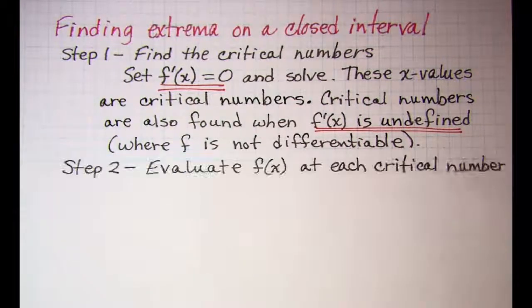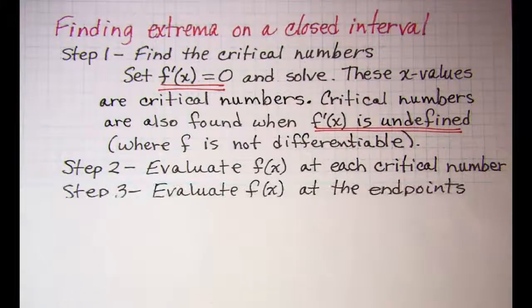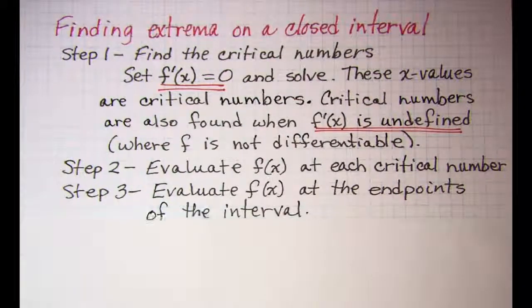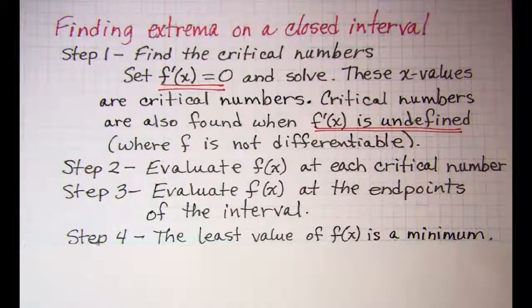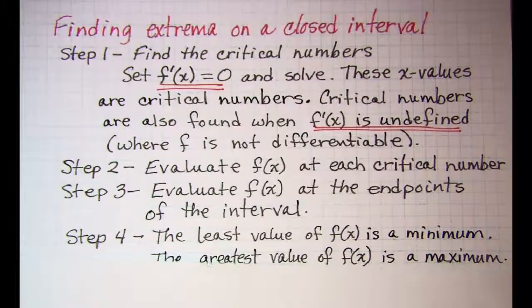Our next step is to evaluate the function at each critical number, and then evaluate the function at the endpoints of the interval. And then the minimum will be the least value, and the maximum will be the greatest value.